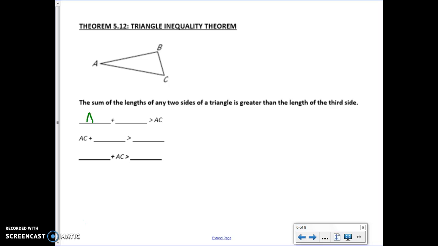So the length of AB plus the length of BC has to be bigger than the length of AC. Or the length of AC plus the length of BC has to be bigger than the length of AB. Or the length of AB plus the length of AC has to be greater than BC.